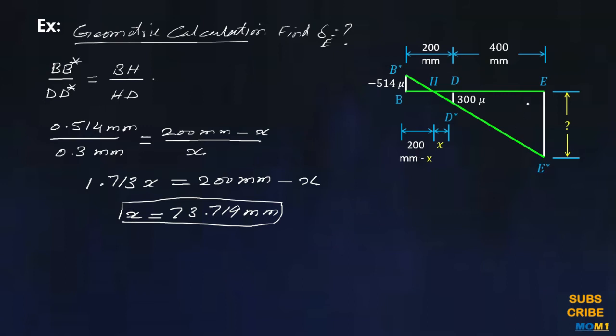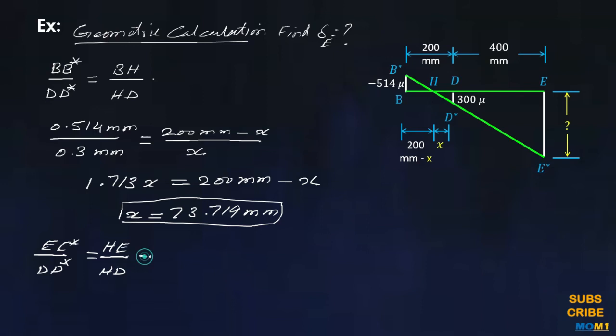Now for this, E star upon D star is equal to HE upon HD.